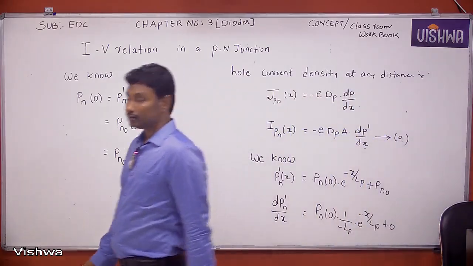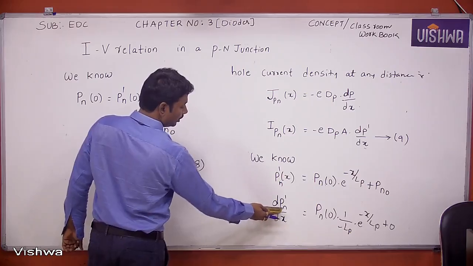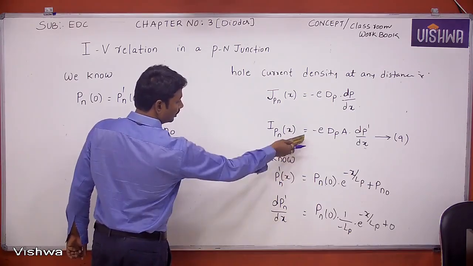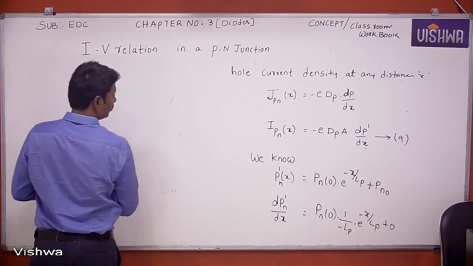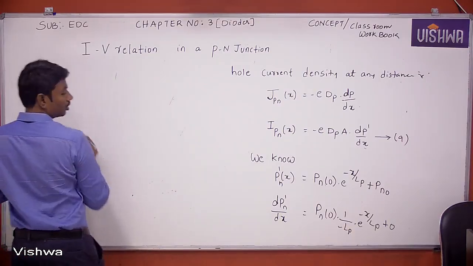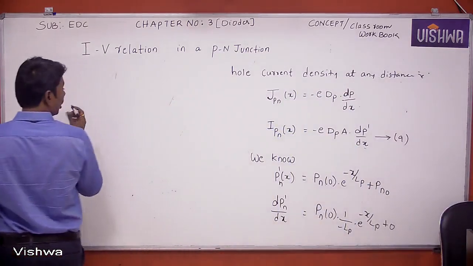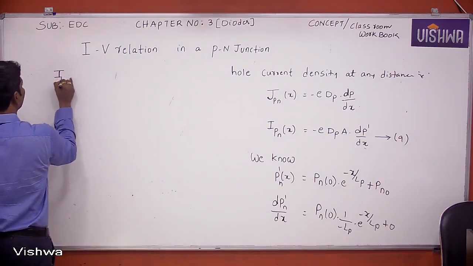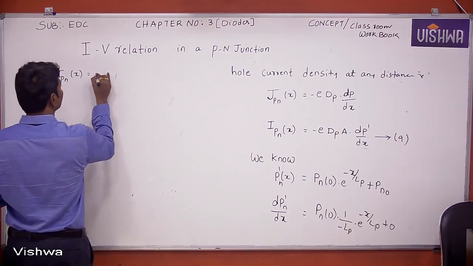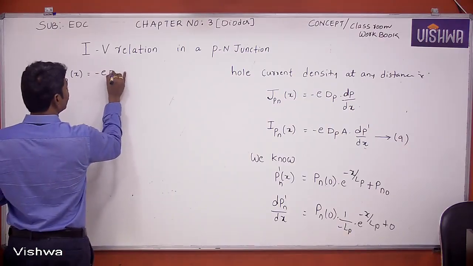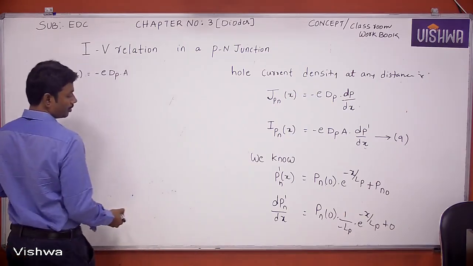Yeah, copied now? Yes. Substitute this dPn by dx in this equation 9. See here. IPn of x is equal to minus E into Dp into A. What is the differentiation dp by dx actually?